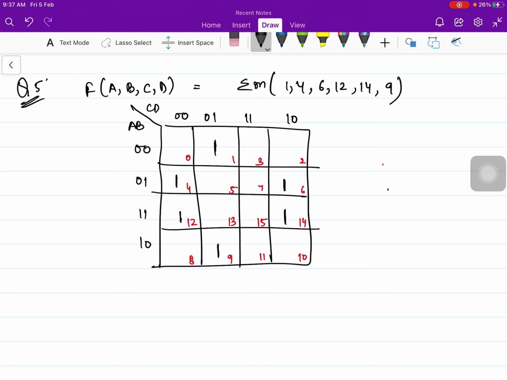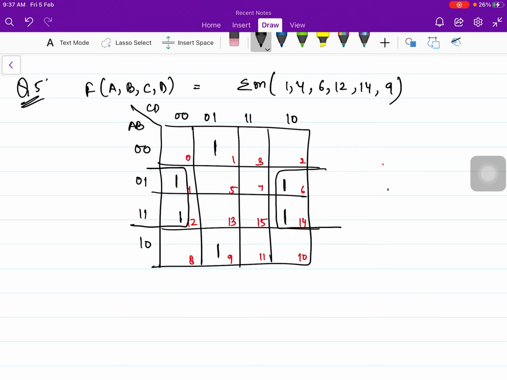First of all, search for the biggest group. Group of 16, not possible. Group of 8, not possible. Now group of 4. Pay attention to the corners. You will find a group of 4.